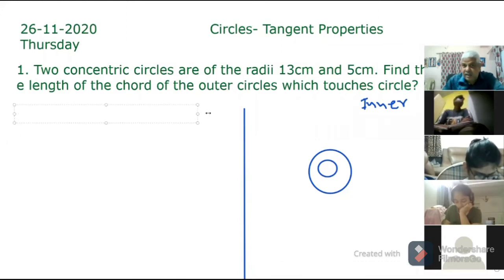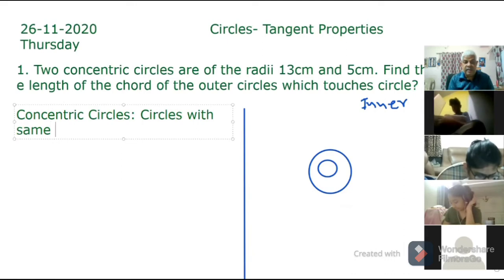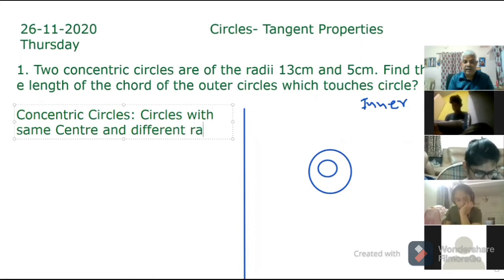In 9th standard also we have taught you about concentric. The definition of concentric circles is circles with the same center and different radii. This is called a concentric circle.